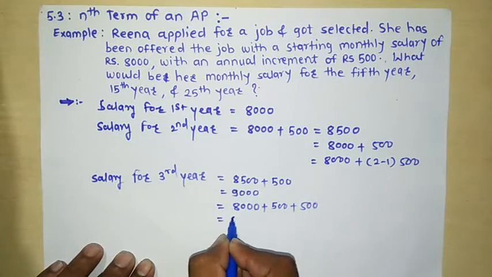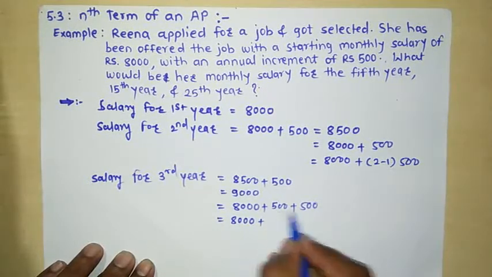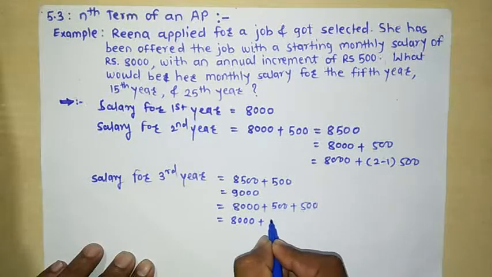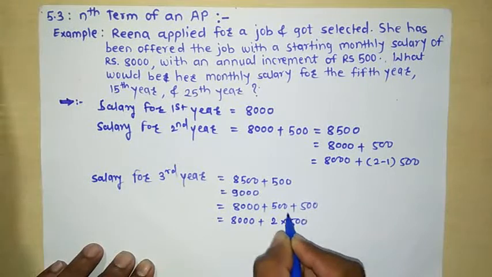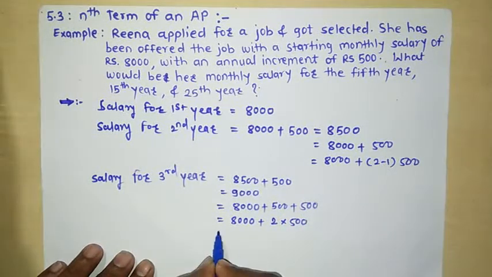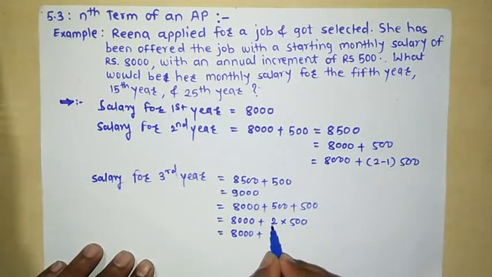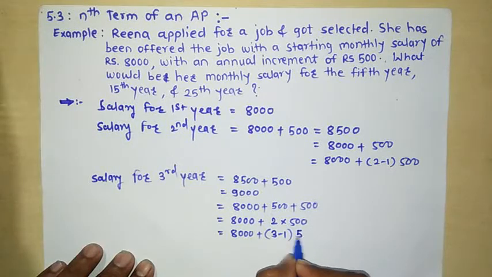Therefore this can also be written as 8,000 plus, how many times 500 are there? 2 times 500. Therefore these two 500 can be written as 2 into 500, which is equal to 8,000 plus, this 2 can also be written as 3 minus 1 into 500.